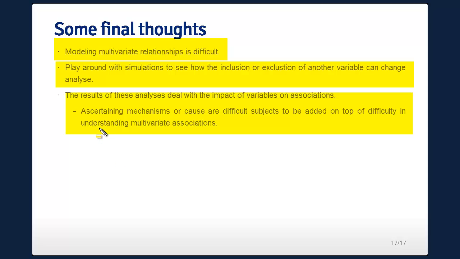That's the so-called domain of causal inference. But for our purposes here, we want to mostly understand how and why the inclusion of variables changes the relationship between a variable of interest and the outcome in a regression model. And I think these examples show you that you can get very different answers depending on what variables you include.